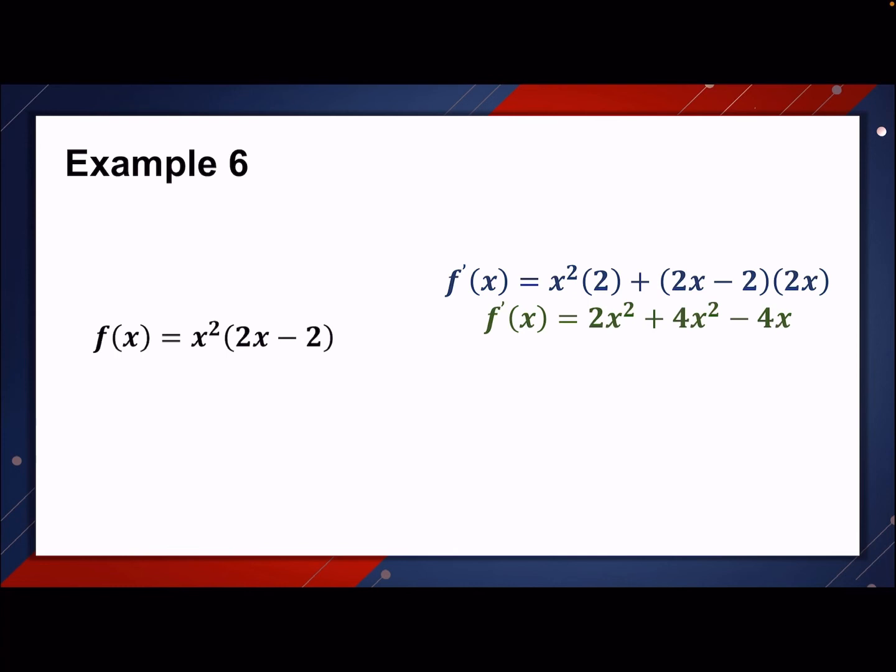And then we can simplify the function and get 2x squared plus 4x squared minus 4x. So this function is equal to 6x squared minus 4x. So the answer is 6x squared minus 4x.